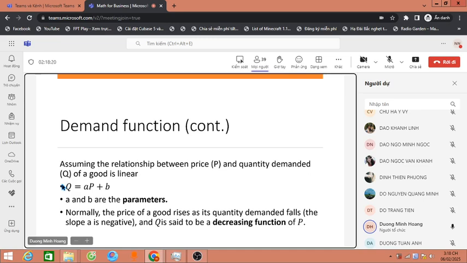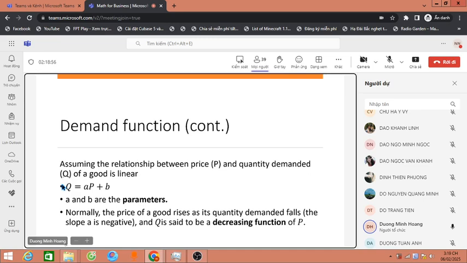So I repeat again, a demand function is the mathematical way to describe the behavior of consumers or buyers. What are the behaviors of consumers? When price rises, they will buy less. If price drops, they will buy more.